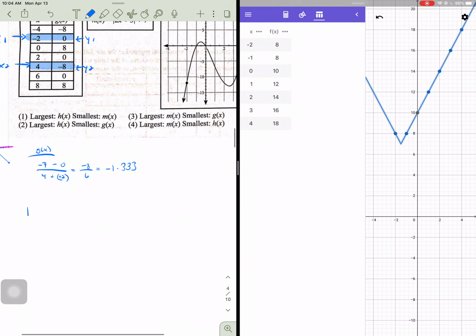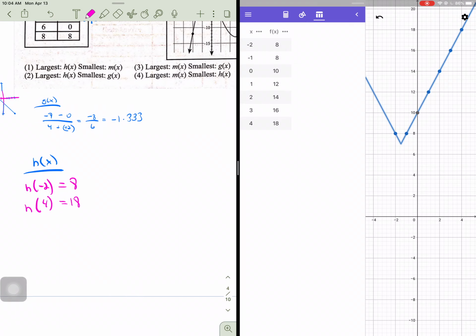So now let's work with h of x. h of -2 is 8, and h of 4 is 18. So when x is -2, y is 8. When x is 4, y is 18. So we get y2 minus y1 over x2 minus x1.